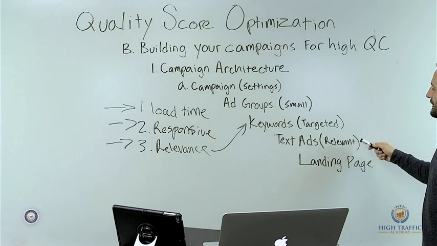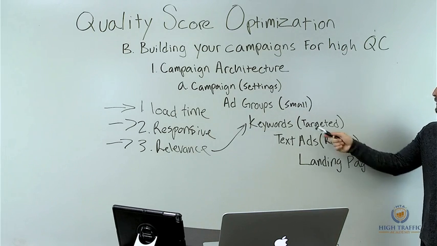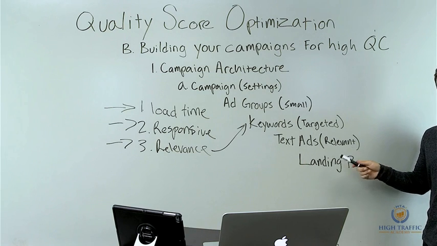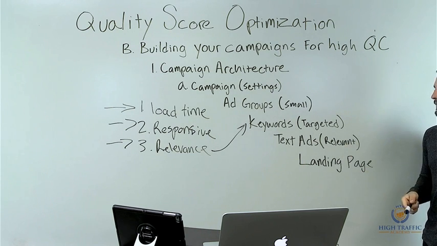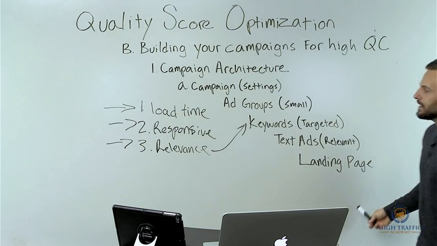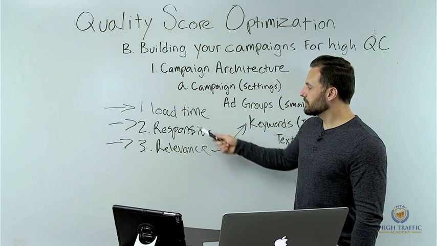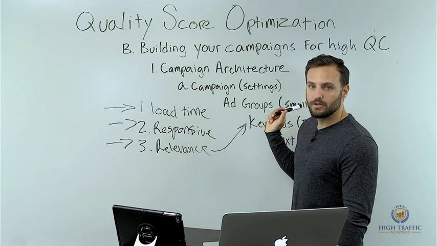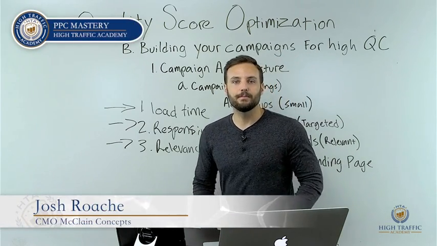And then your text ads should be explicitly relevant to the keywords they're showing up for. Typically include, if you can, the keyword or phrase in some variation in the headline of the text ad. And then make sure your landing page obeys all of these rules: fast load time, responsive development, and relevance to the original keyword that the user searched for to get there.